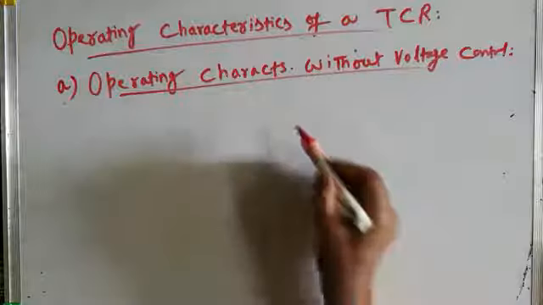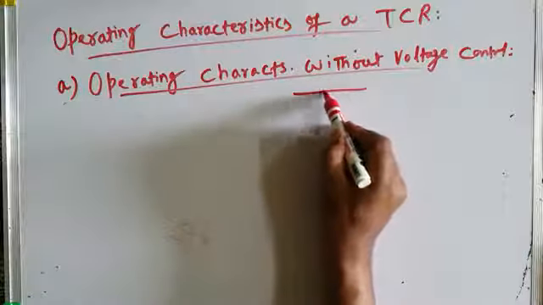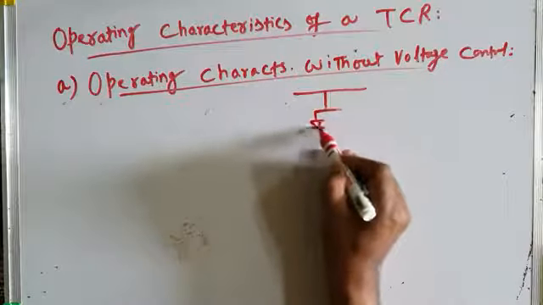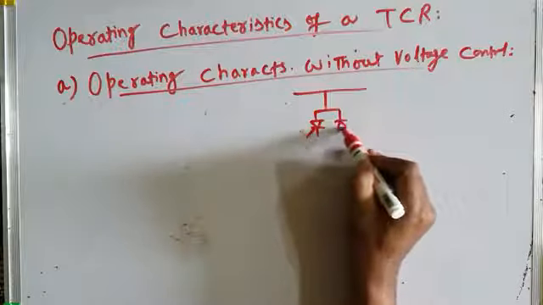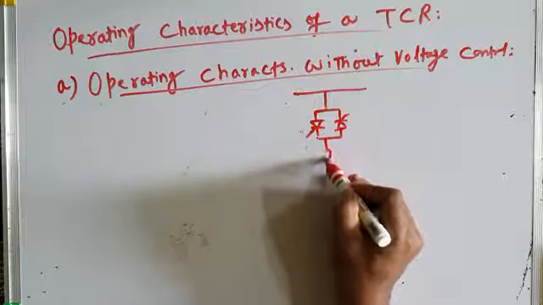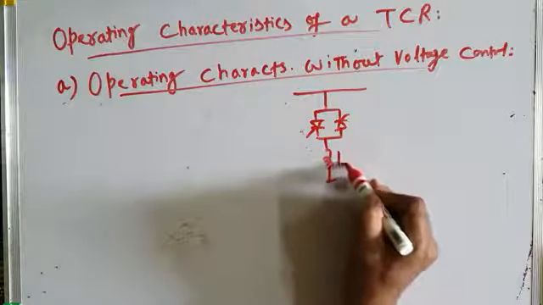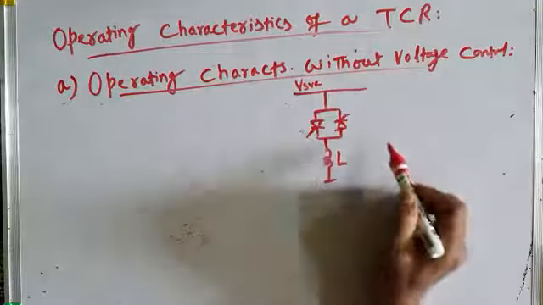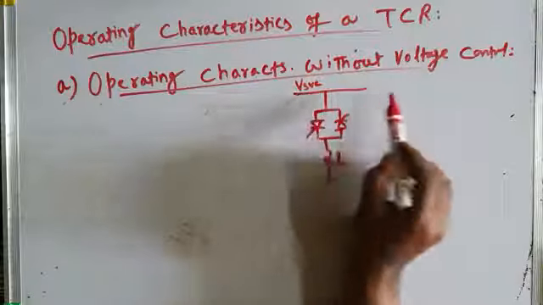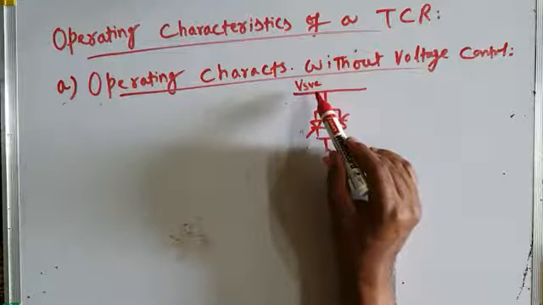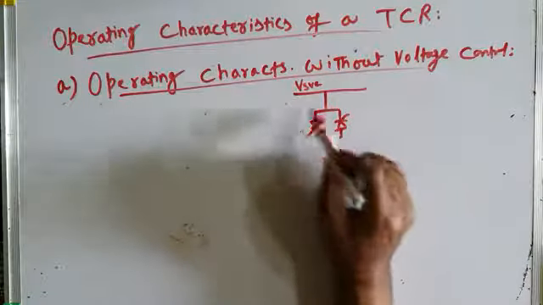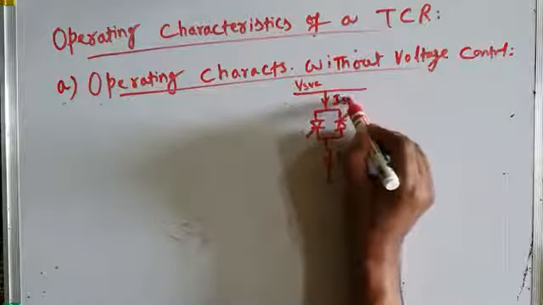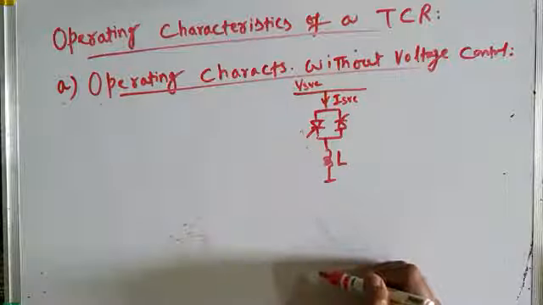Now, this is the circuit diagram of a TCR. This is inductance L. This is the SVC voltage. This is basically the transmission bus voltage. We can also call it SVC voltage, because TCR is part of SVC. And let us call this current as SVC current, ISVC.